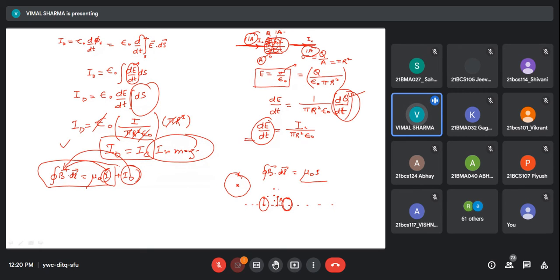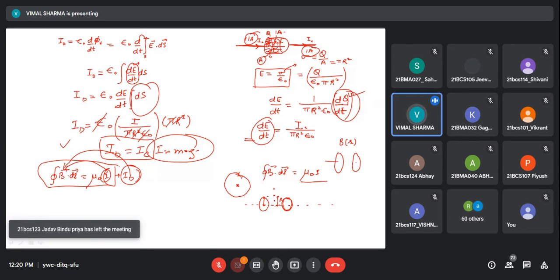I take another point here whose distance is more than r from the axis, so that I can see the nature of the magnetic field and how it varies with r between the capacitor plates, if I move away from the center. I'm interested in knowing that variation.